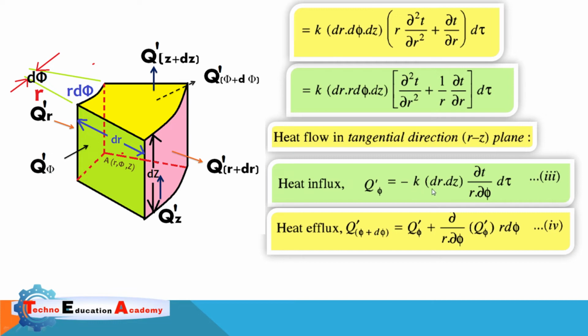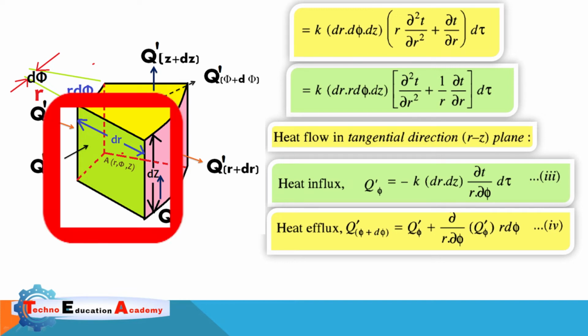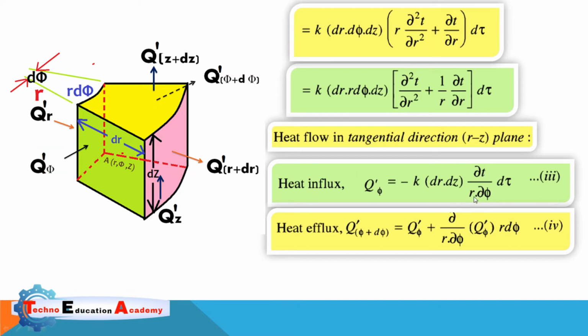K is the thermal conductivity, and the area perpendicular to the direction of heat flow is dr into dz, del t by the thickness r into d phi. This is the thickness. Here q dash phi is the heat transfer, and the thickness in the direction of heat transfer is r into d phi, multiplied by d tau because it is a function of time, which is called equation 3.